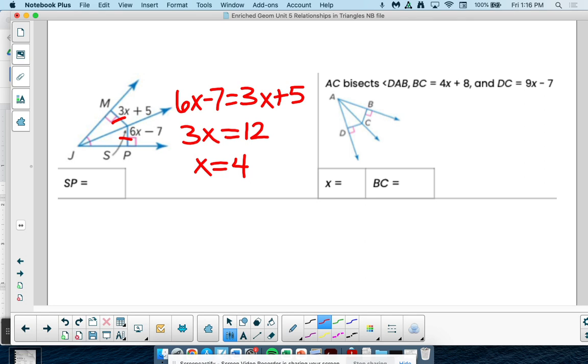Yeah, plug it in. 24 minus 7 should be 17.